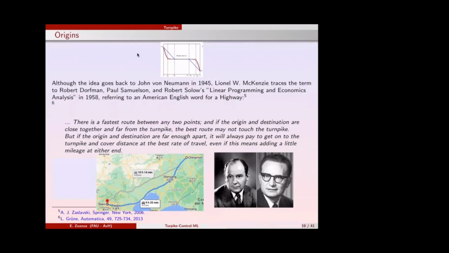So when you want to drive from Changchun to Beijing, Google tells you there is one path which is optimal, 9 hours 35 minutes, and there is another one which is suboptimal. Maybe it's nicer also, maybe it goes along the countryside, I don't know. But it takes you like 40 minutes more.